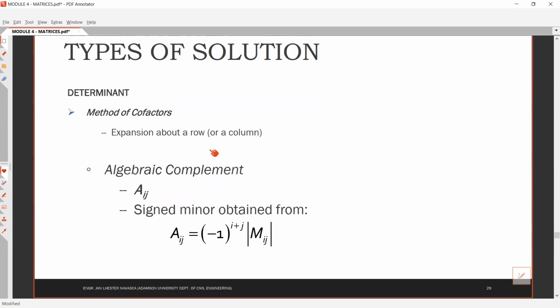So yung Aij natin, sign minor obtained from the Aij, so negative 1 raised to i plus j multiplied by the determinant of Mij.